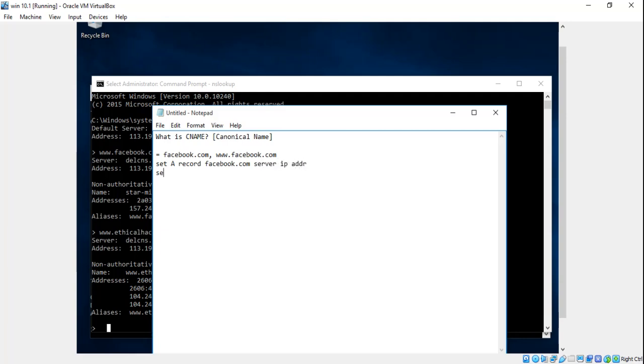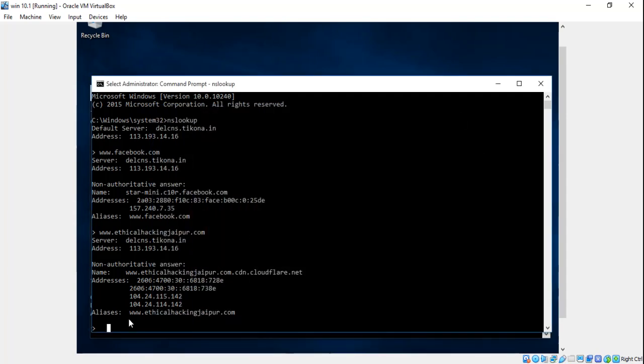Okay, and we will set a CNAME record for www.facebook.com pointing towards facebook.com. Okay, so if a user runs any of these, it will redirect to the same website. Okay, so this is what a CNAME is.